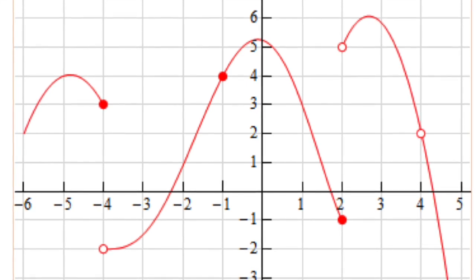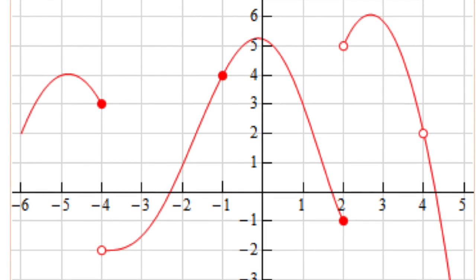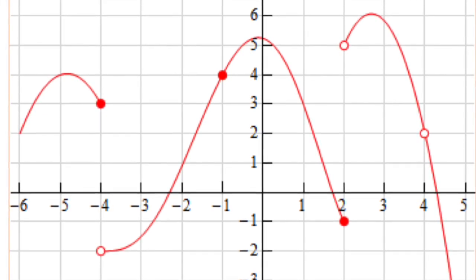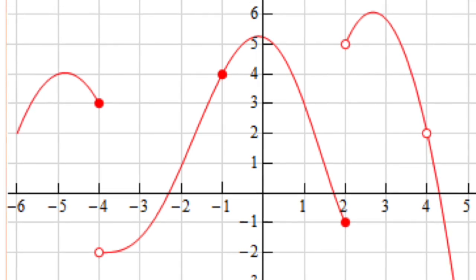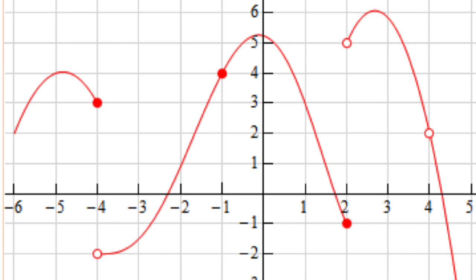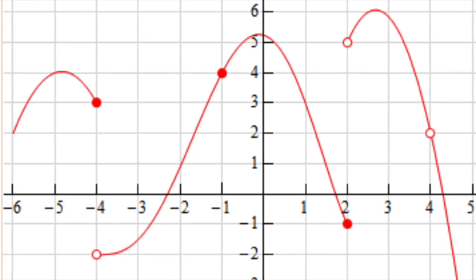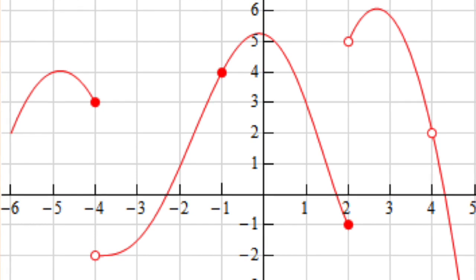And when there's an open circle, that means the limit approaches that point, but it never actually hits that point. There could be a hole or an asymptote, something like that. Therefore, when x equals 4, the graph is not continuous because there's no point, even though there is a limit.